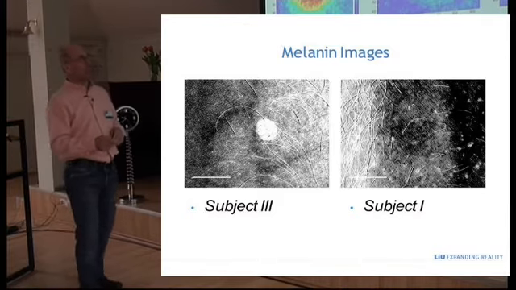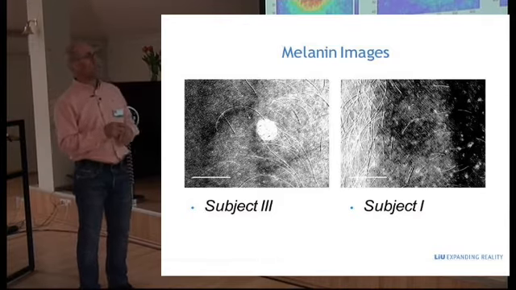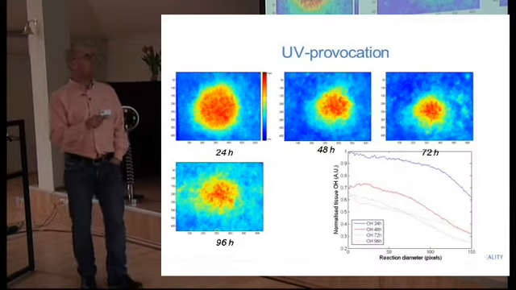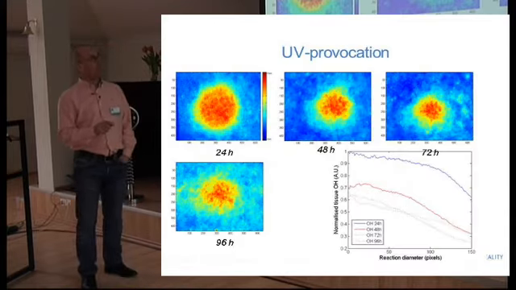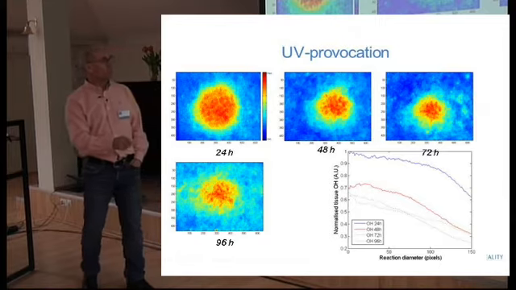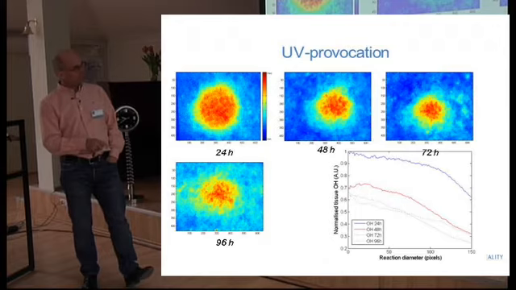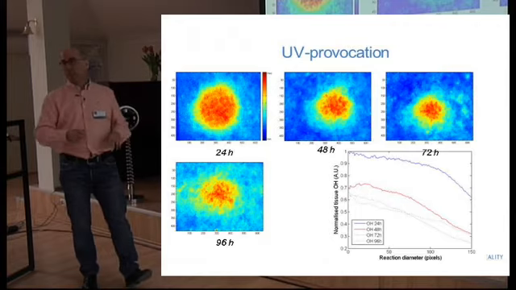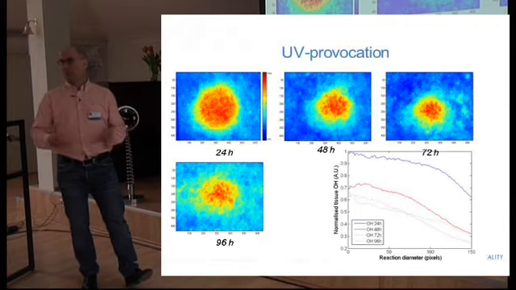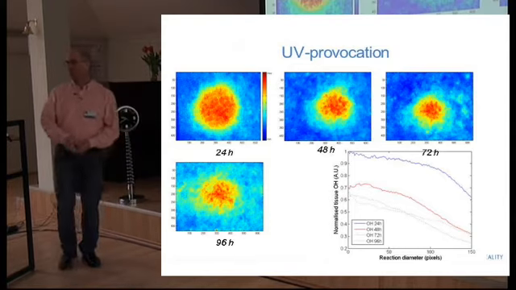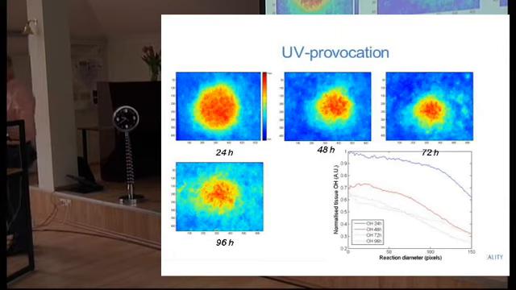And this is actually the physiological process that you see the sun tanning first, or the UV provocation, that you can see that goes down. It starts very quickly within the first day, and then slowly after 72 hours it has diminished quite a lot, and after 96 hours it's starting getting normal again. And I mean, it doesn't hurt so much anymore if you were sun tanning too much actually.